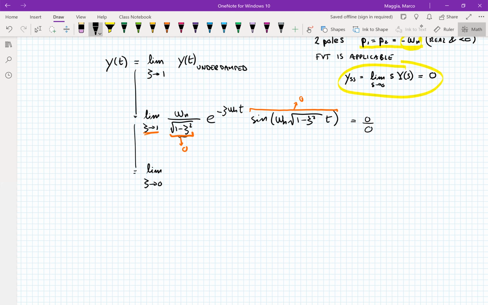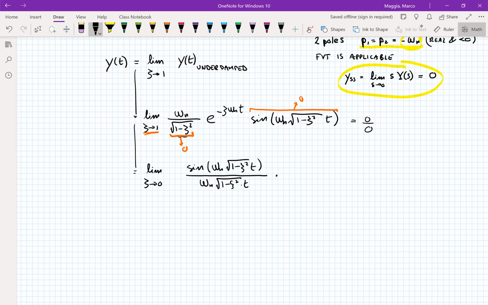If you remember your limits, we can rewrite this as sine of omega n square root of 1 minus zeta squared times t, and we want to have at the denominator the same argument of the sine, omega n square root of 1 minus zeta squared times t.